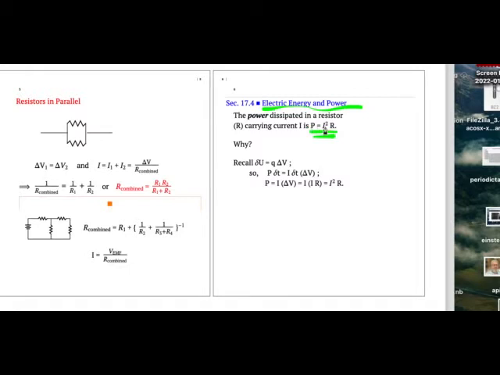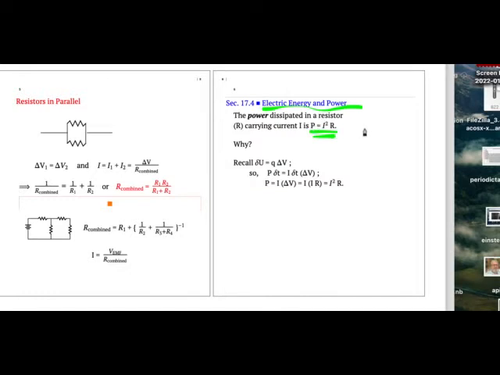Well, if there's a current I in a resistor with resistance R, it will be losing energy, transferring energy to the random thermal motions of the atoms and subatomic particles in the metal. And the quantitative formula for power is I squared times R.